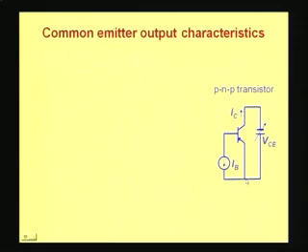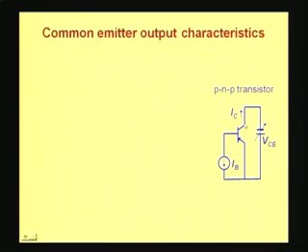Now what you find is that the collector for a PNP transistor is negative as compared to the emitter in this arrangement. Similarly, the base current is flowing out of the base terminal, and finally the collector current is flowing out of the collector terminal. The polarities will be reversed for an NPN transistor.